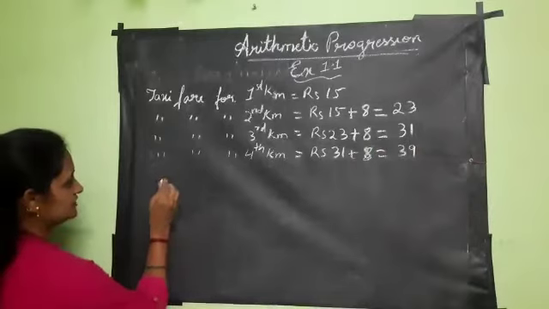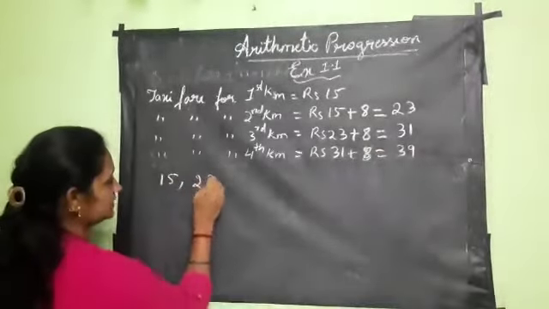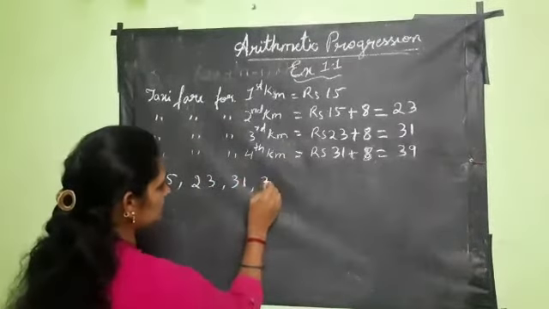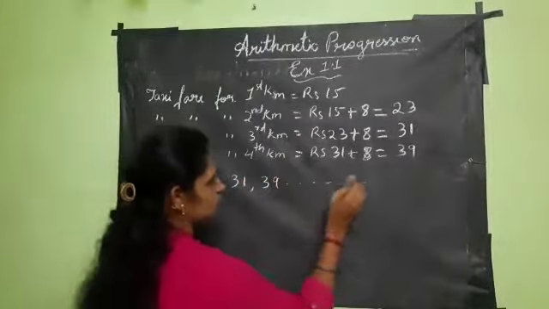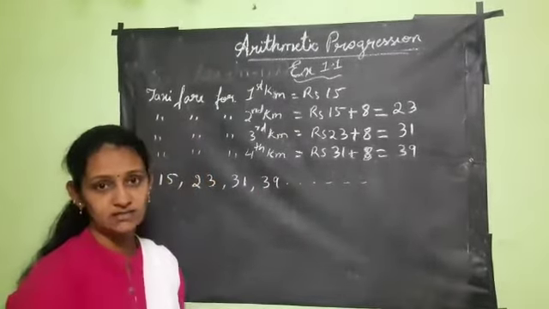So for the first kilometer it was 15 rupees, for second kilometer 23, for third kilometer 31, fourth kilometer 39, and so on. Now tell me whether this is in arithmetic progression.